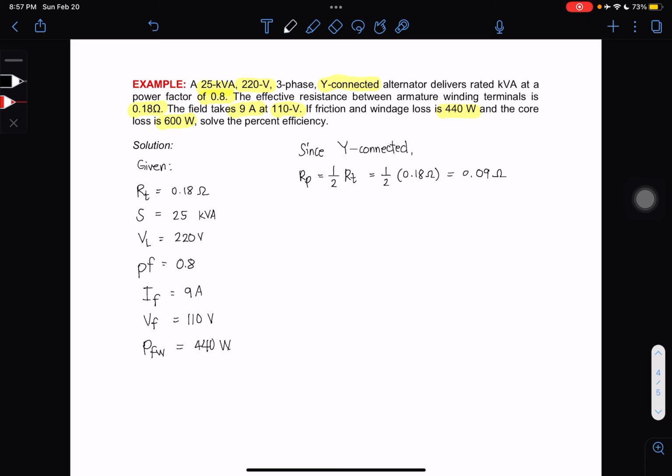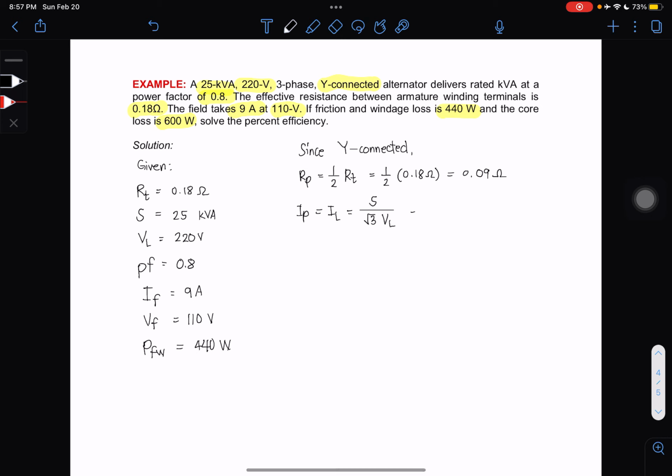So to solve for our phase current, since it is Y connected, right? So our phase current is also equal to line current. So to solve that, it was not given directly. So what is given is S divided by square root of 3 VL.